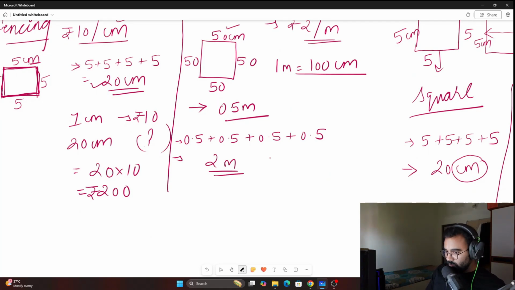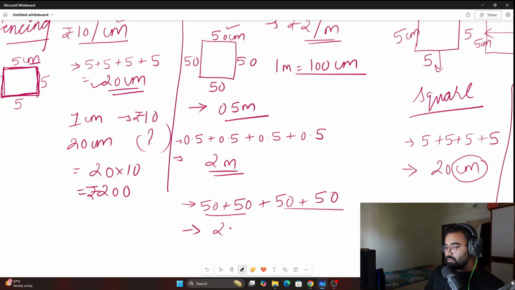I'll simply add all the sides while keeping them in centimeters: 50 plus 50 plus 50 plus 50. What does that give you? This is 100, this is 100, so that is 200 centimeters. And now after adding, you convert this into meters. We follow this relation: if 100 centimeters is 1 meter, then 200 centimeters is 2 meters.